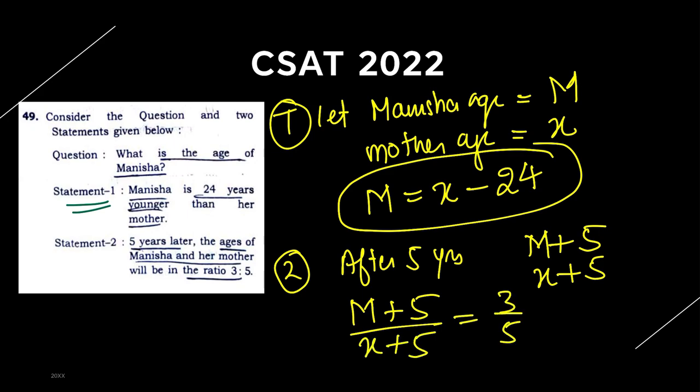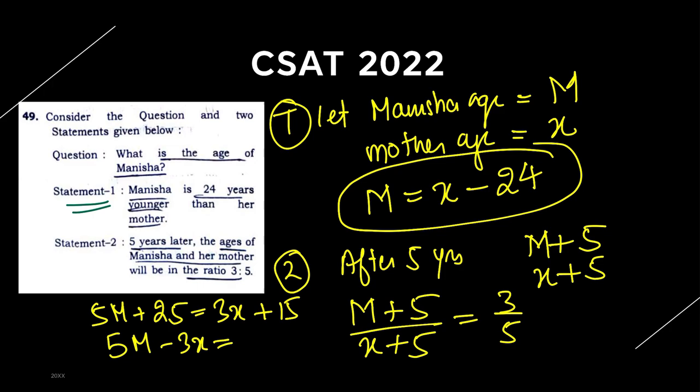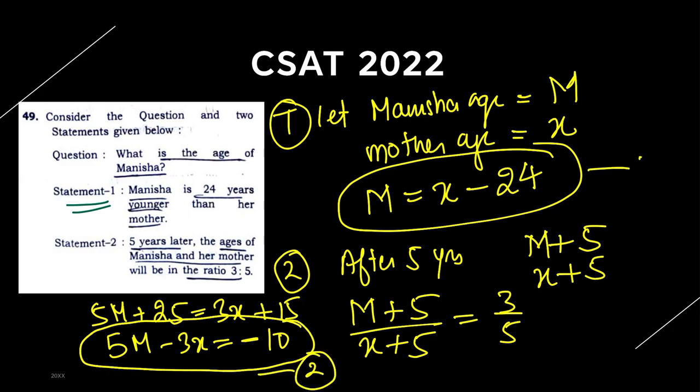If you simplify it, that comes out to be 5M plus 25 is equal to 3X plus 15. That is 5M minus 3X is equal to minus 10, if I take 25 to the other side. This is statement number 2, and this is statement number 1. Now, don't look at statement number 1. Just tell me, would you be able to find the value of X?